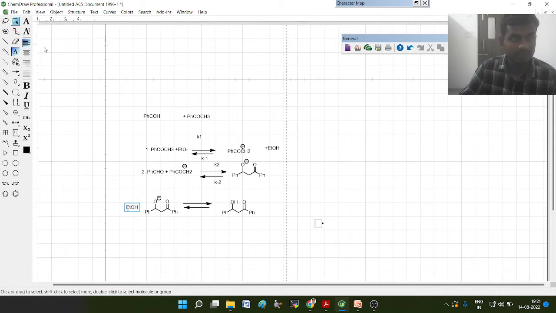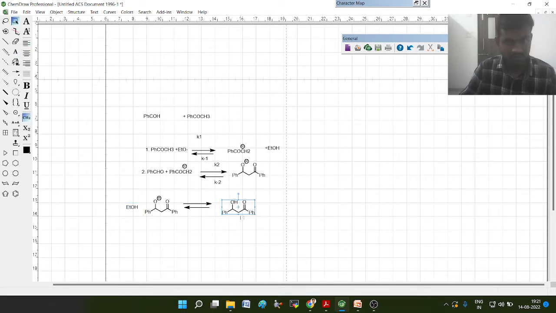In the fourth step, this will undergo dehydration. That is, again we'll have EtO minus, right? So I didn't show it here, but it will be here, plus EtO minus.